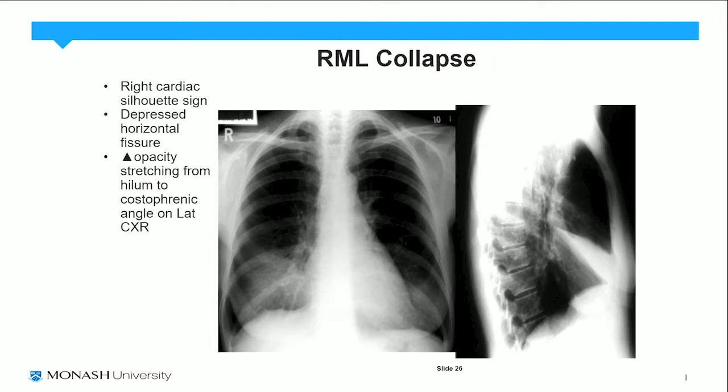With right middle lobe collapse, we've got the right cardiac silhouette sign where we lose the right heart border. On a lateral view, it takes on a triangular opacity, and this stretches from the hilum to the costophrenic angle on the lateral of the chest.